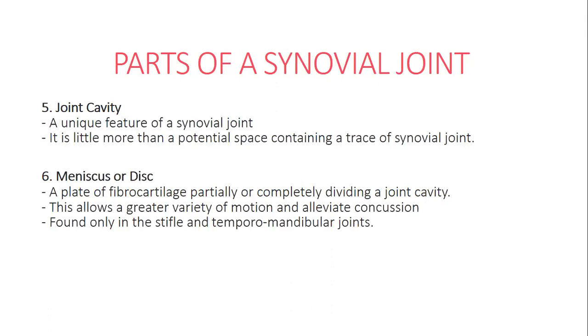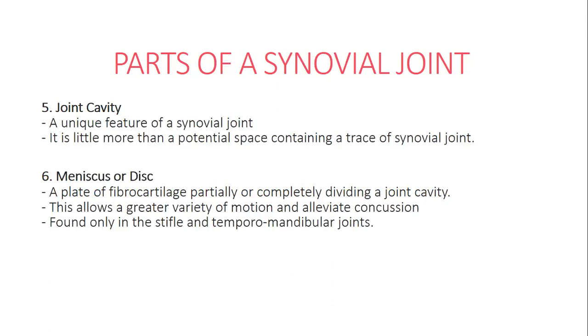Because it's bearing most of the weight, it needs the cushion in between the femur and the tibia in order to absorb the shock from the jumping and the running. So that's the reason why there's the meniscus there. Someone of great power put that meniscus there.